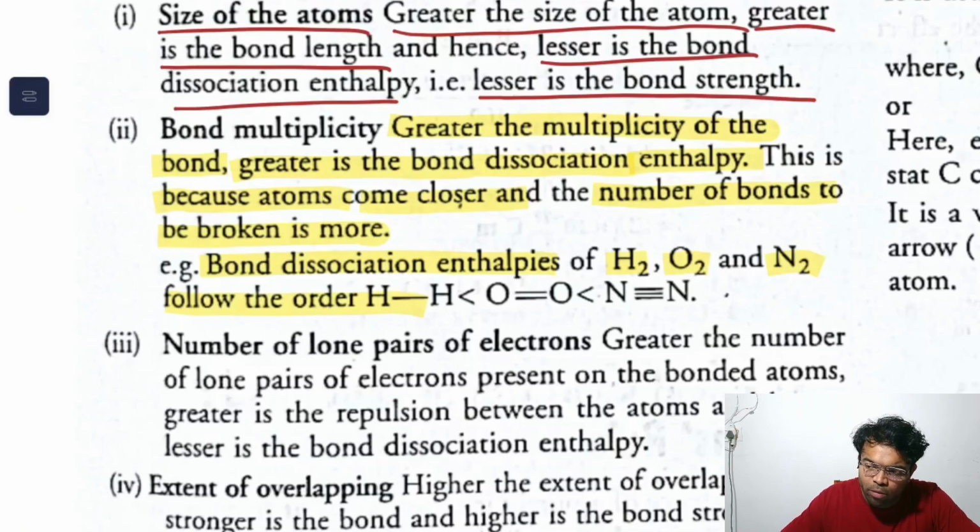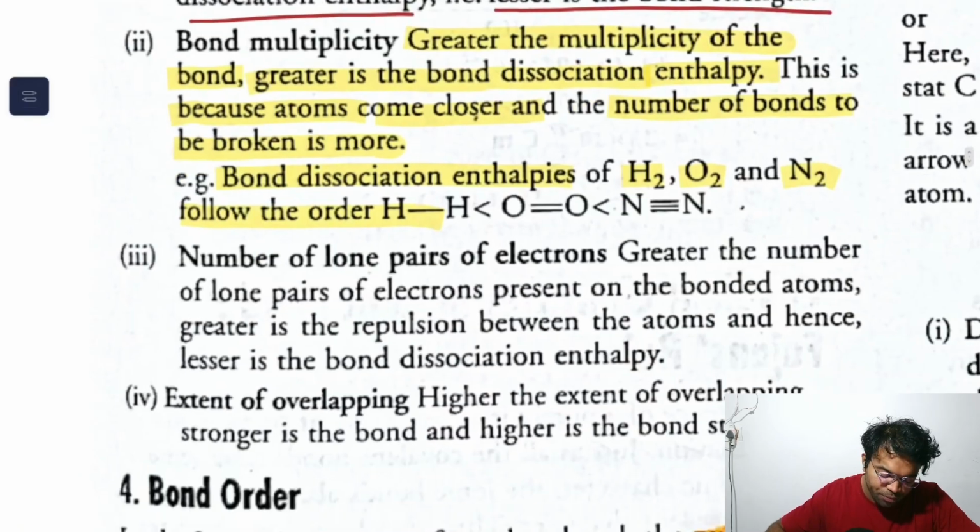Even though they are all diatomic, the only difference is that hydrogen has a single bond, oxygen has a double bond, and nitrogen has a triple bond. So the triple bonded nitrogen will have the least distance between the two atoms, and hydrogen will have the most distance between the two. Therefore, the bond enthalpy of hydrogen will be lesser as compared to that of the nitrogen molecule.